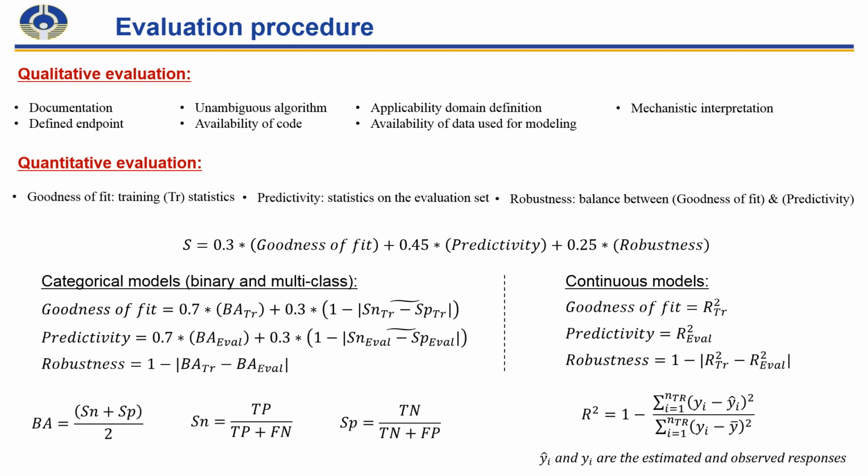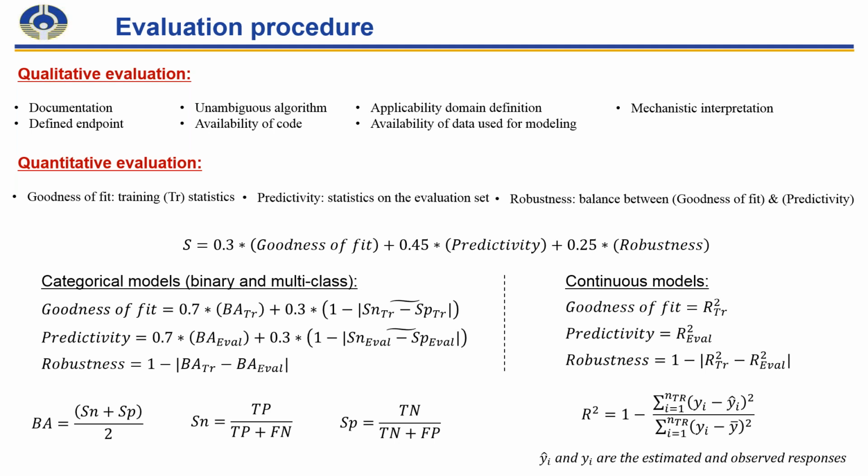We also did a quantitative evaluation where we looked at cross-validated statistics on the training set, and then also, as I mentioned, having this sort of holdout evaluation set where we were able to evaluate performance on the external validation set.